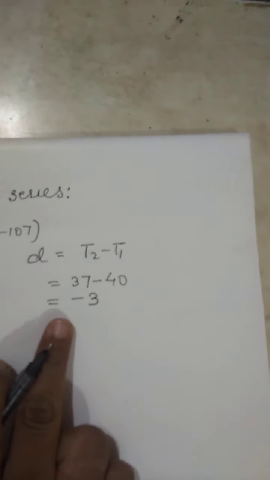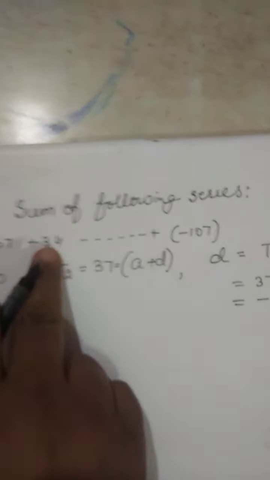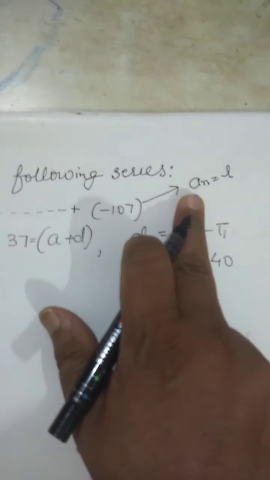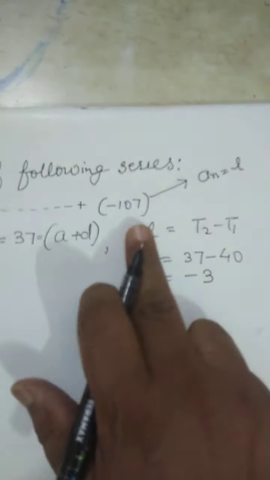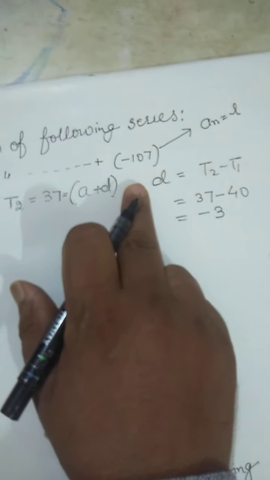So this is a decreasing series. Now you check what is given here: 40, 37, 34, and the last term. This is your last term, an or maybe l. But the number of terms is not given here. So you will use the formula for the last term.